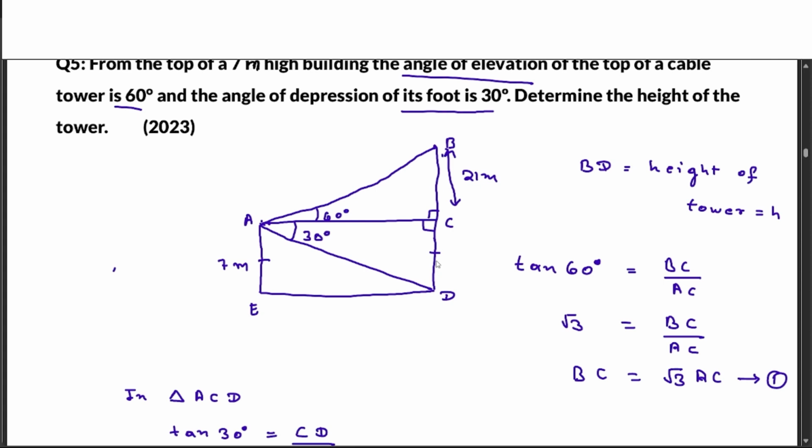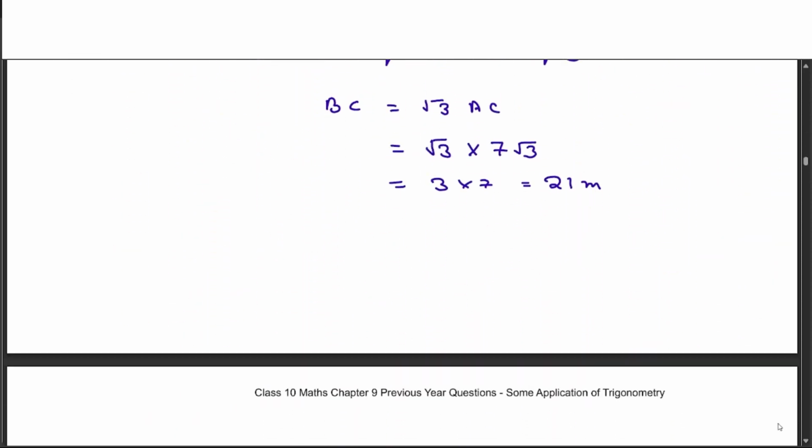Now already you know the CD is how much? That is given 7 meter. So the total height of the tower is how much?